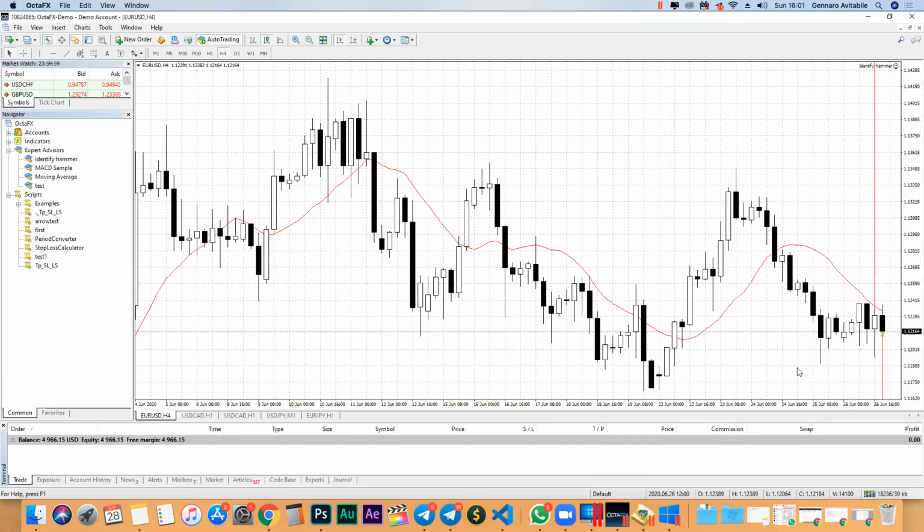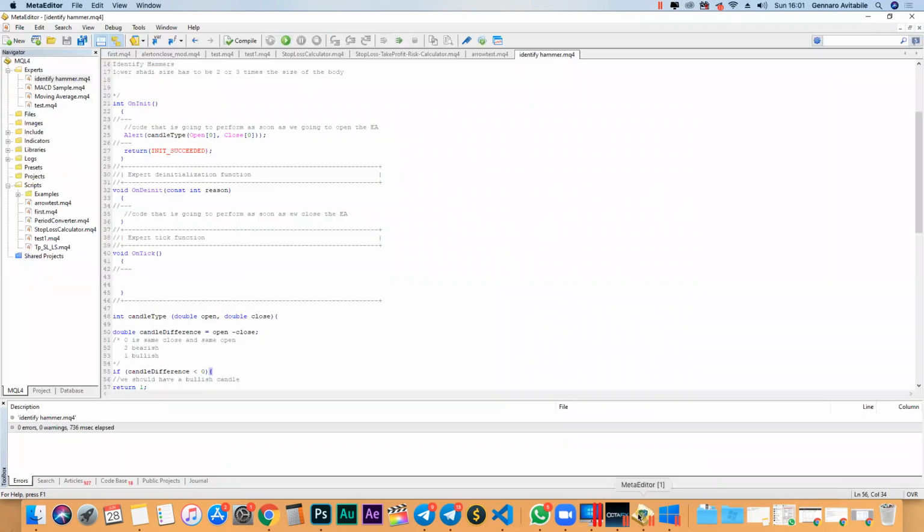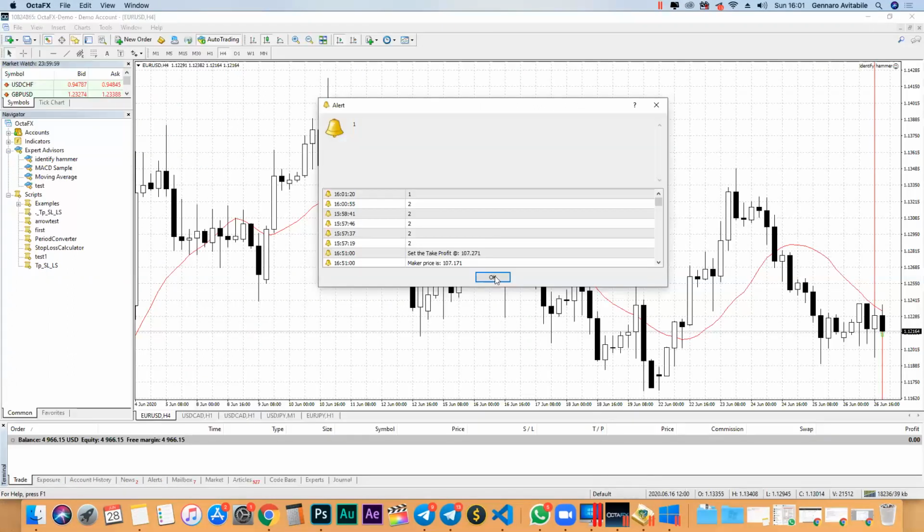Now let's check the candle before this one. Instead of 0, we're just going to write 1 in here and 1 in here. Compile, and it's going to be 1. So basically we know this was a bearish candle. Now we can identify bearish and bullish candles, which is great.